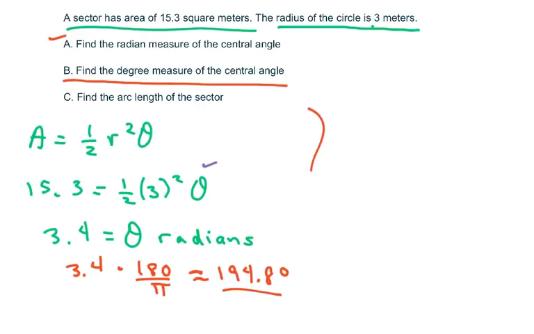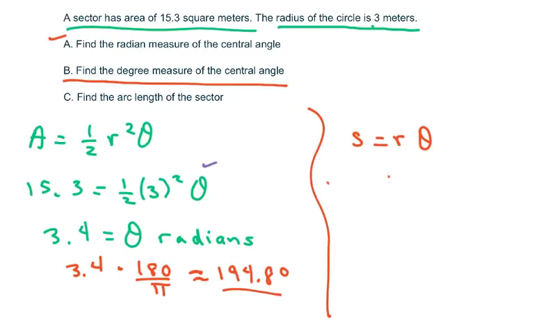And then find the arc length. All we're going to do is use our formula. Arc length formula is r times theta. Sorry about that, I was doing the same thing.